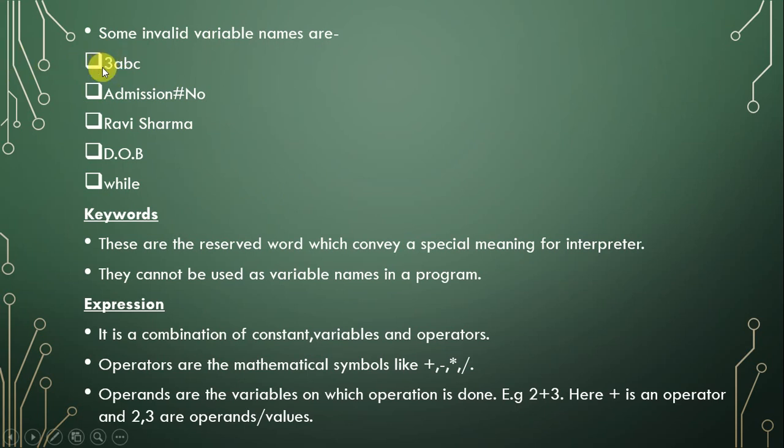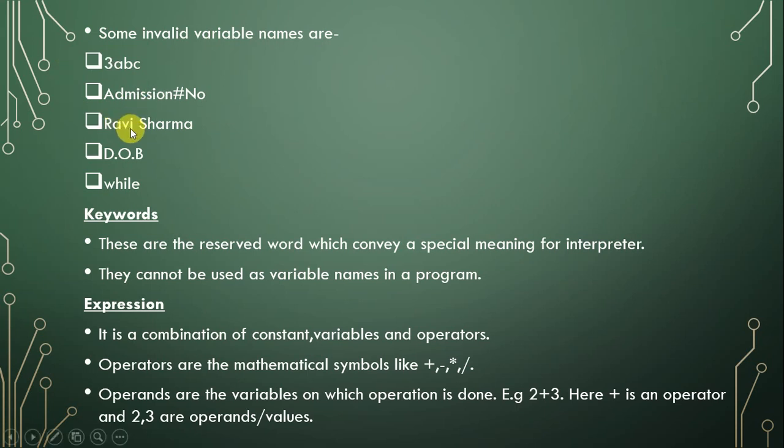We cannot start a variable name with a number, that is why it is invalid. Next we have admission#number. Why is this invalid? Because we are using the hashtag symbol, which is a special symbol, and except underscore, no other special symbol is allowed in Python programming.